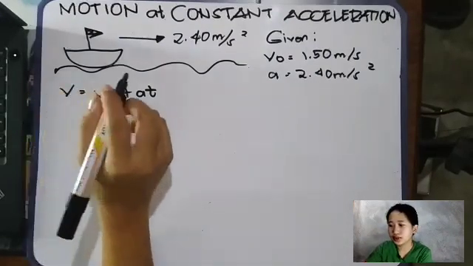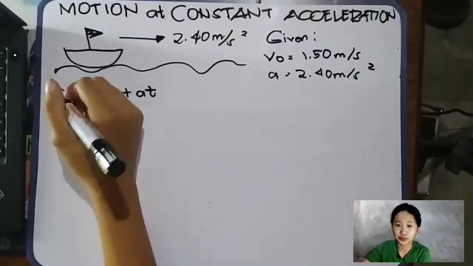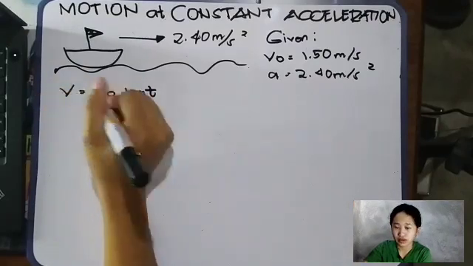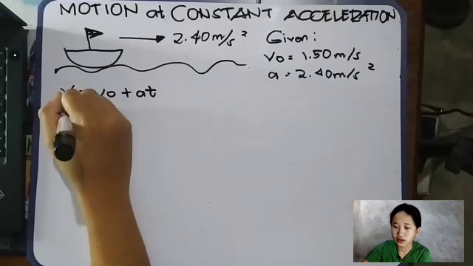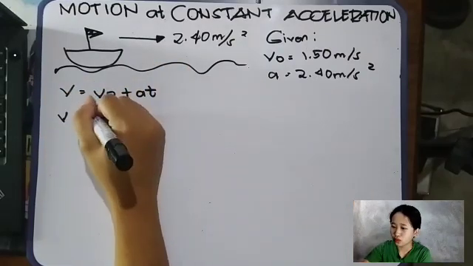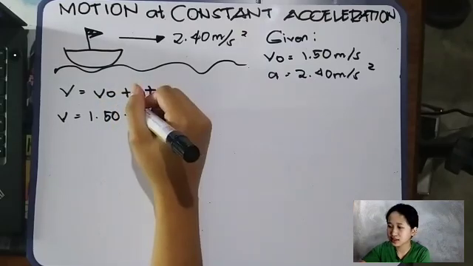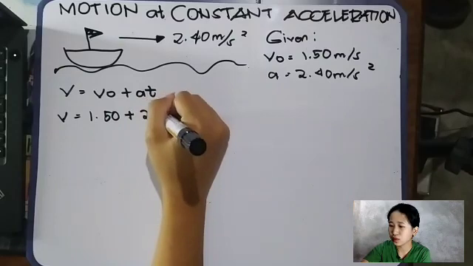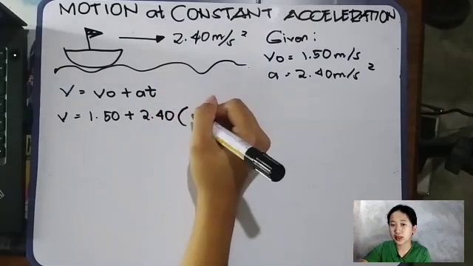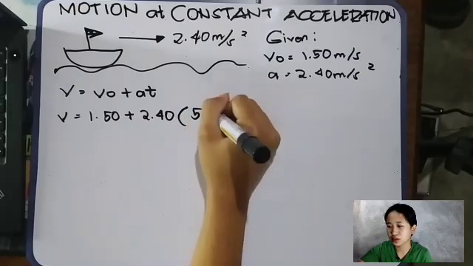So, isa-substitute lang natin ito. V is equals to 1.50 plus 2.40 times, may binigay na time sa may tanong, 5 seconds.